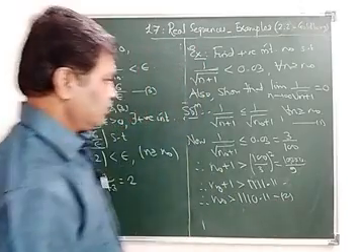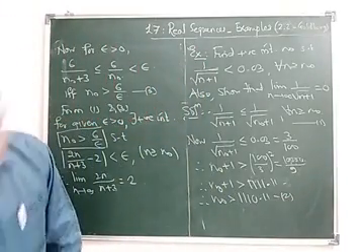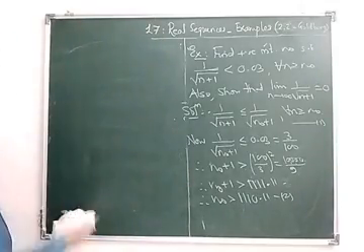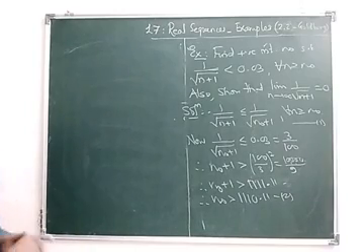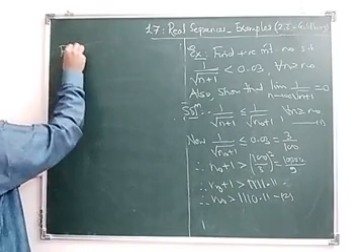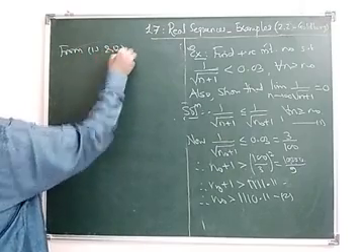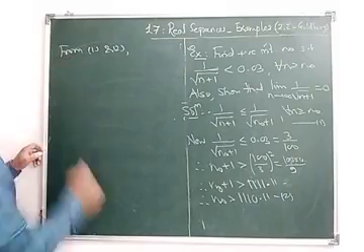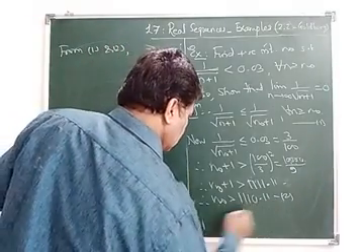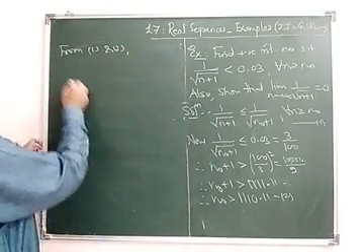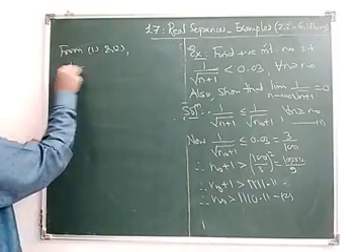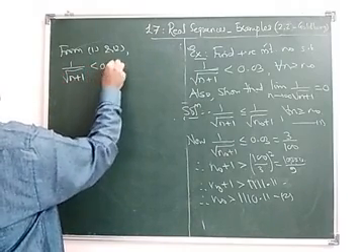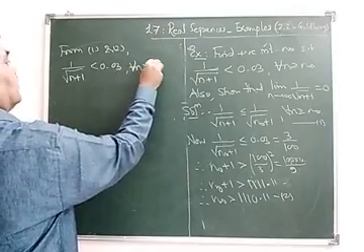From 1 and 2, 1 upon root of n plus 1 is less than or equal to 0.03 for every n greater or equal to n naught.